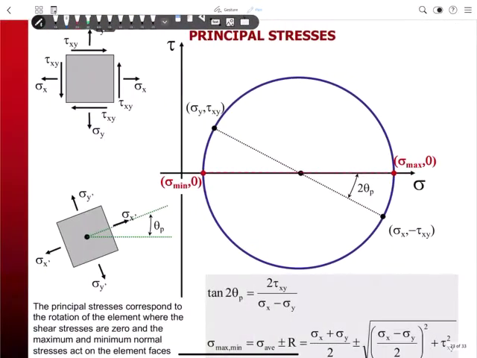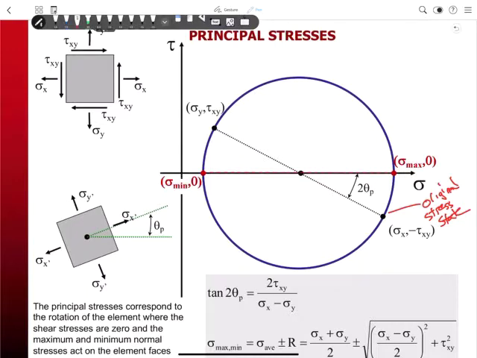So then we can go to the principal stresses, the things we're most interested in. So this is my original point, the original stress state, right?